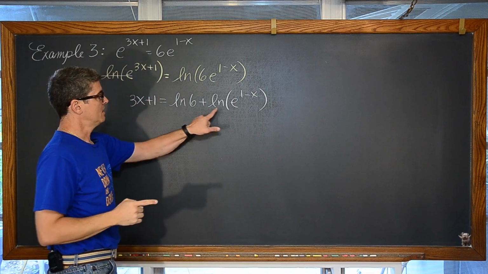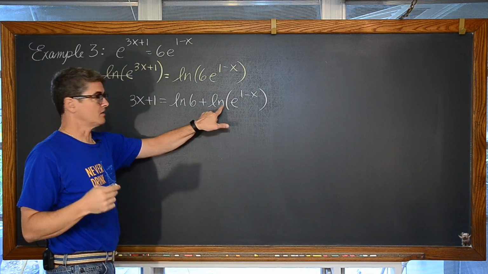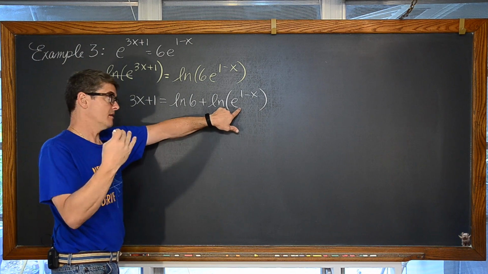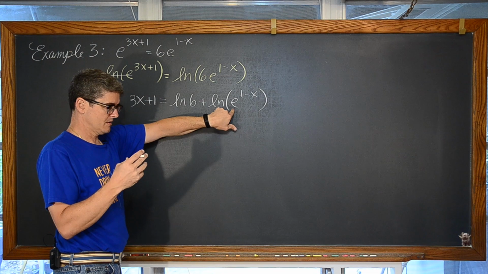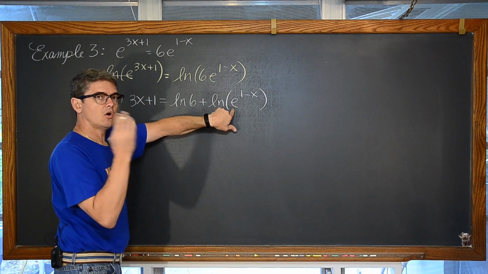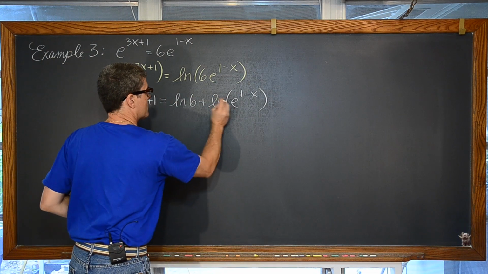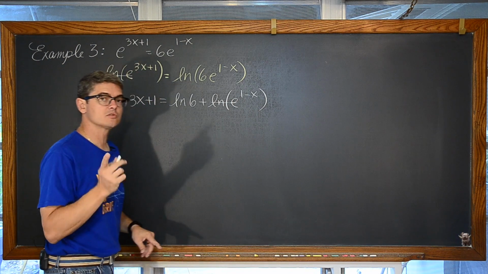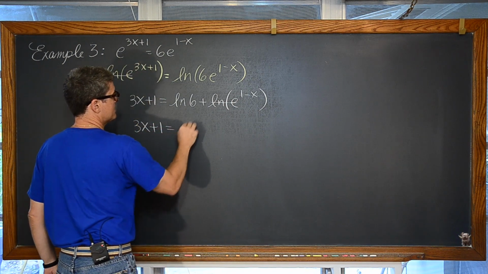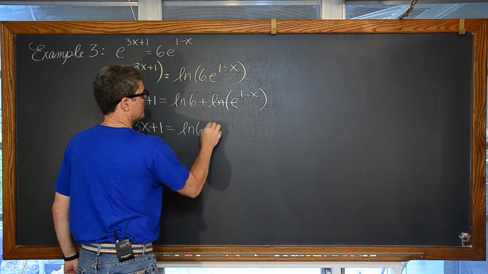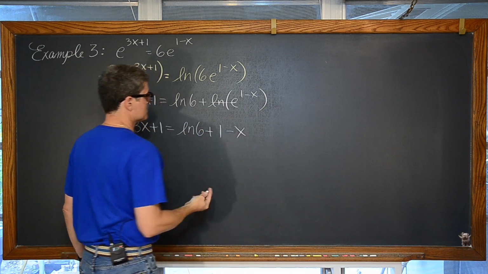Well, look at here. The natural log function, the log base e, and this exponential function base e, now these math operations are applied right directly to each other, and those inverse math operations will cancel out. And we have 3x plus 1 is equal to the natural log of 6 plus 1 minus x.